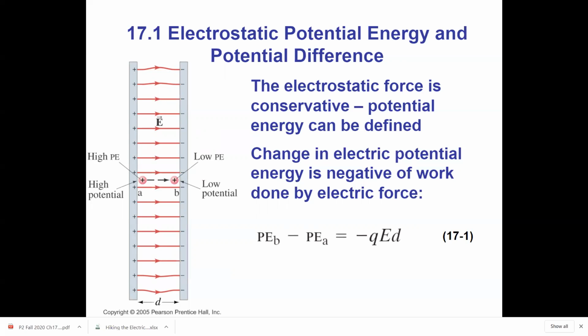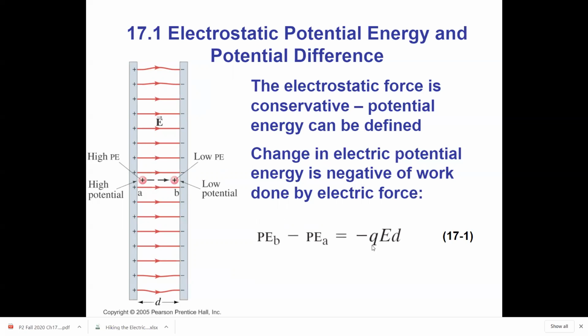Now, if this charge is just allowed to run free, then it will gain speed and it'll gain kinetic energy. And that's a similar theme that we saw in Physics 1, where you let a rock roll down a hill and the potential energy becomes kinetic. So it's the electric field accelerating this charge, and it's doing work.